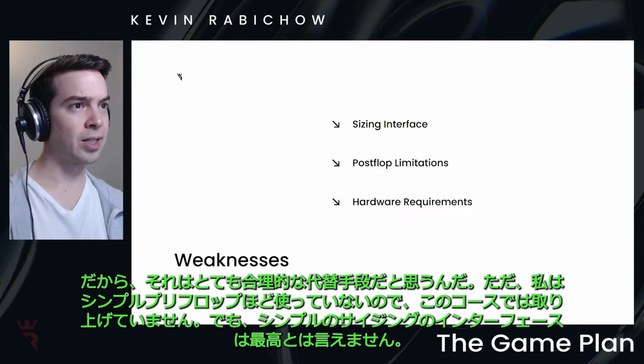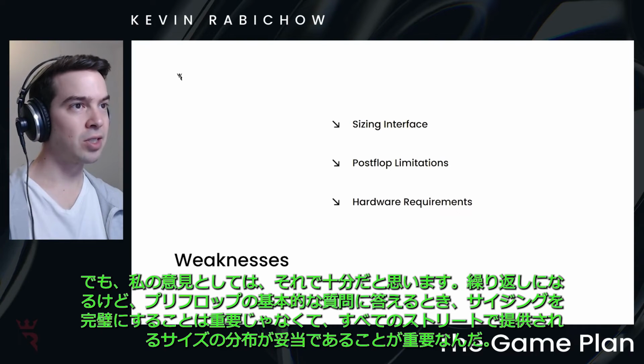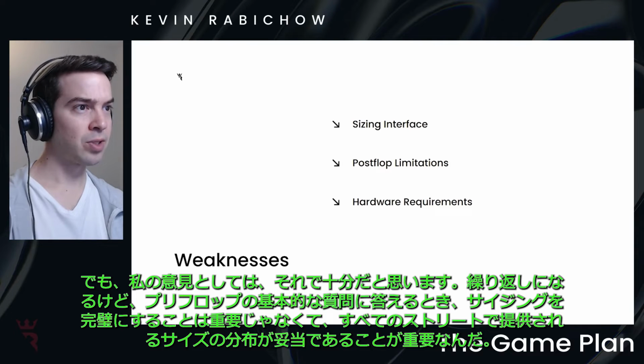I'm just not highlighting it in this course because I've not used it as much as I've used Simple Preflop. But the sizing interface on simple is not the best, but in my opinion, it's good enough. And again, when answering basic preflop questions in the way that I'm asking them, it's not important that you get the sizing perfect. It's just important that there's a reasonable distribution of sizes offered on all streets.